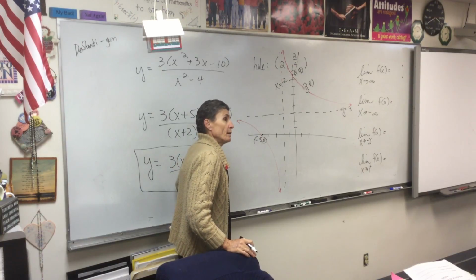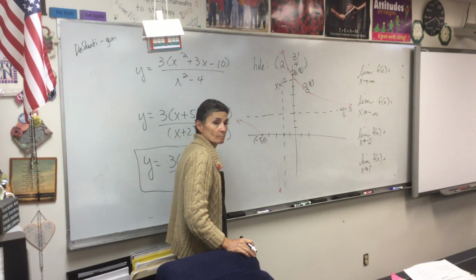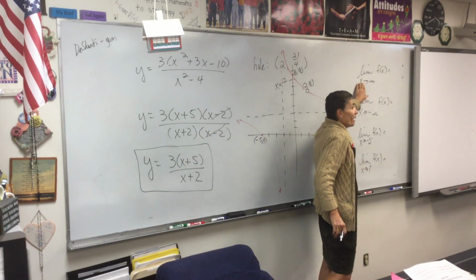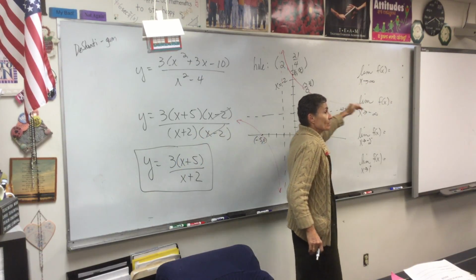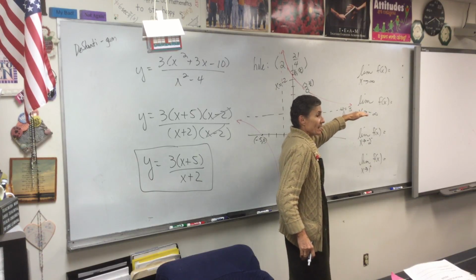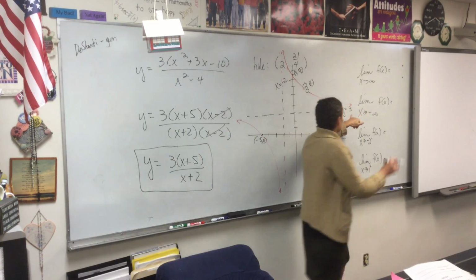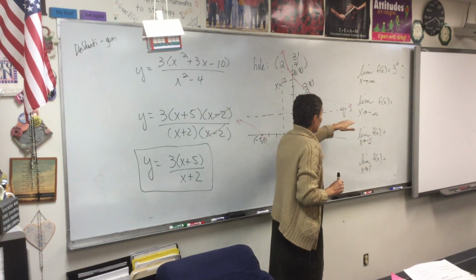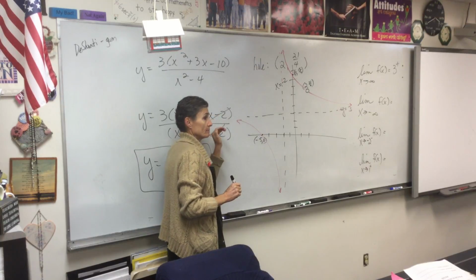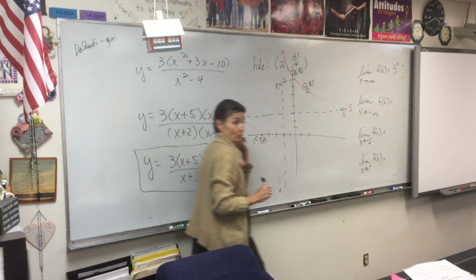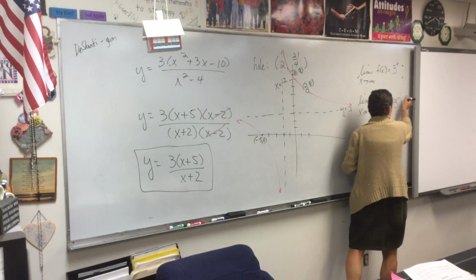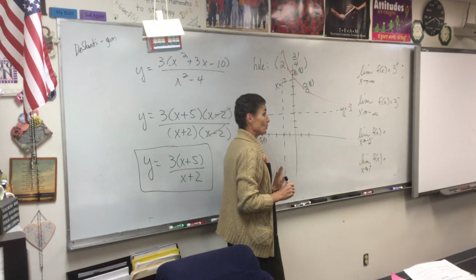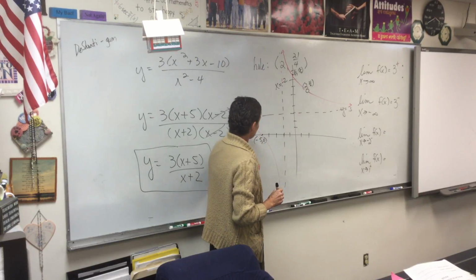What do I do with question 1 up there? Where am I looking? X is approaching positive infinity. I'm looking to the right. And what's happening as I go to the right? 3. It's getting closer to 3 from the top. Now what's happening as I go to the left? Getting closer to 3 from underneath. How about as I approach -2 from the left?